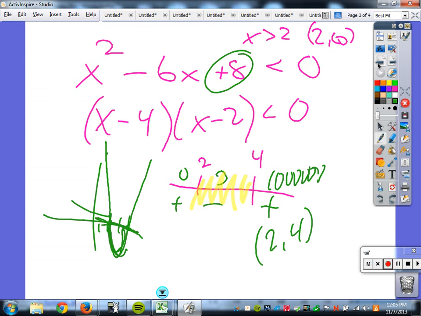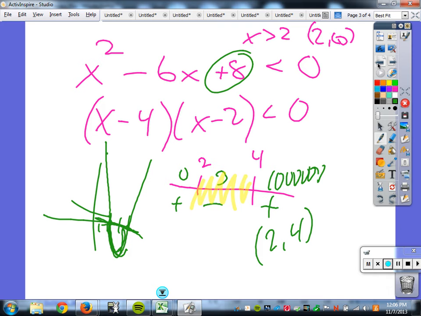So, now think about an inequality. What does an inequality mean? If I gave you x is greater than 2, how many answers are there that make that work? 6x plus 8 less than 0 are the only times you are in between 2 to 4.